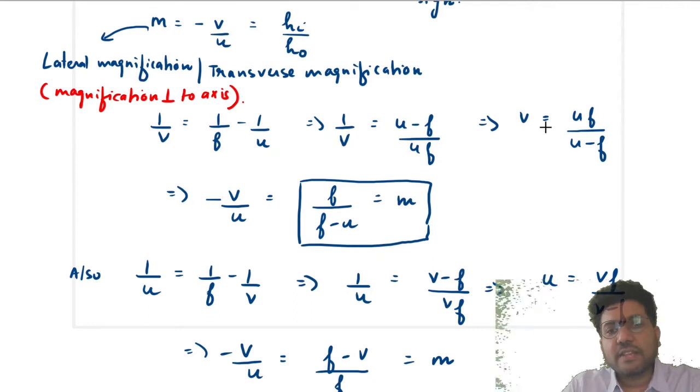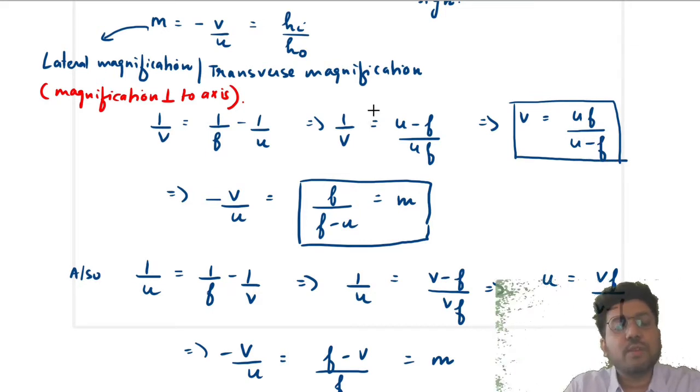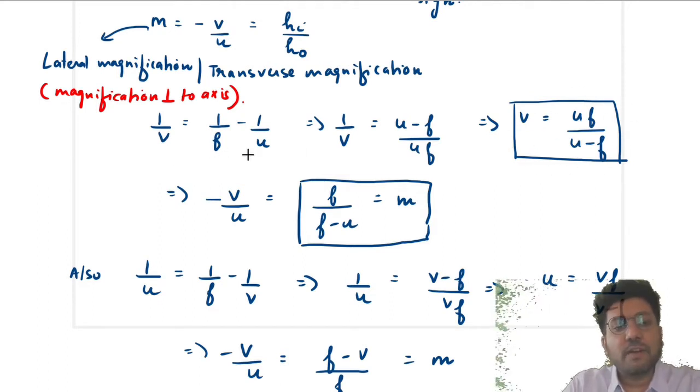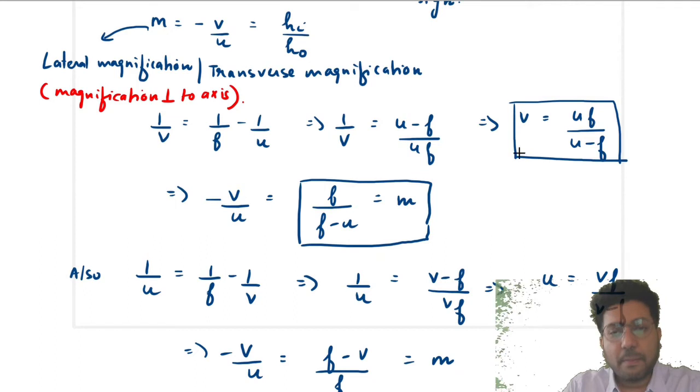Or you can say V is equal to UF by U minus F. So mostly to find the image, I use this relation, V is equal to UF by U minus F. Okay, this will save a lot of time compared to 1 by V plus 1 by U equal to 1 by F. All right. So V is equal to UF by U minus F. This is the formula for image position.